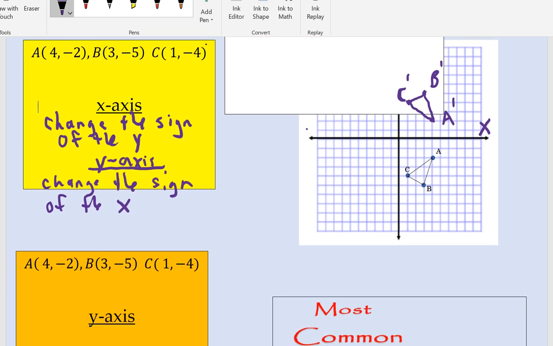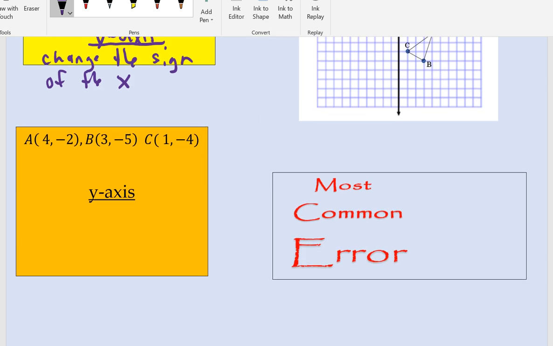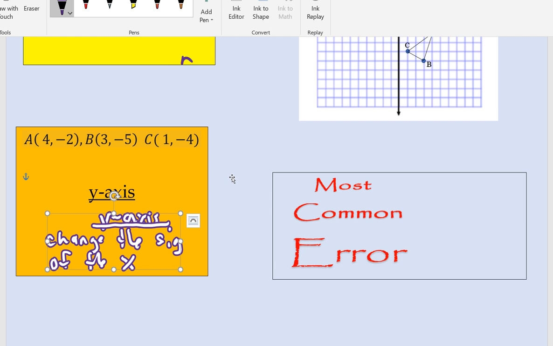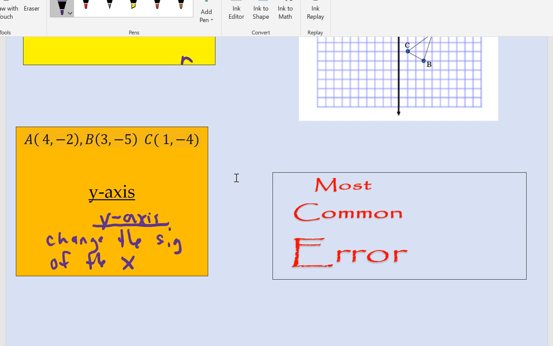Well, that's where we're supposed to write our rule for y. So I guess I could put that down there. All right, so let me tell you the most common error. Change the sign of the x. Most common error that kids make is they reflect across the wrong axis. If you reflect across the wrong axis, it's like the one mistake you're going to make, and it's the one mistake I'm telling you not to do.